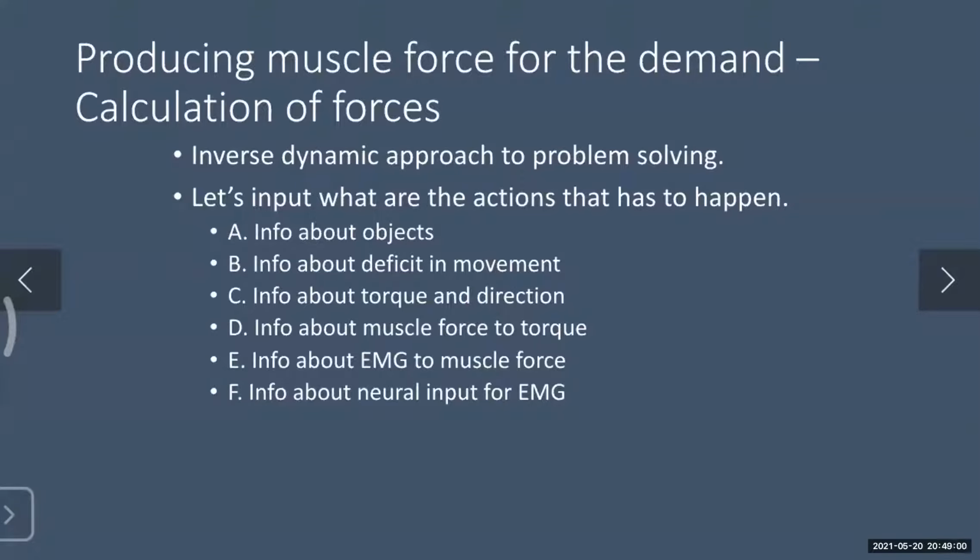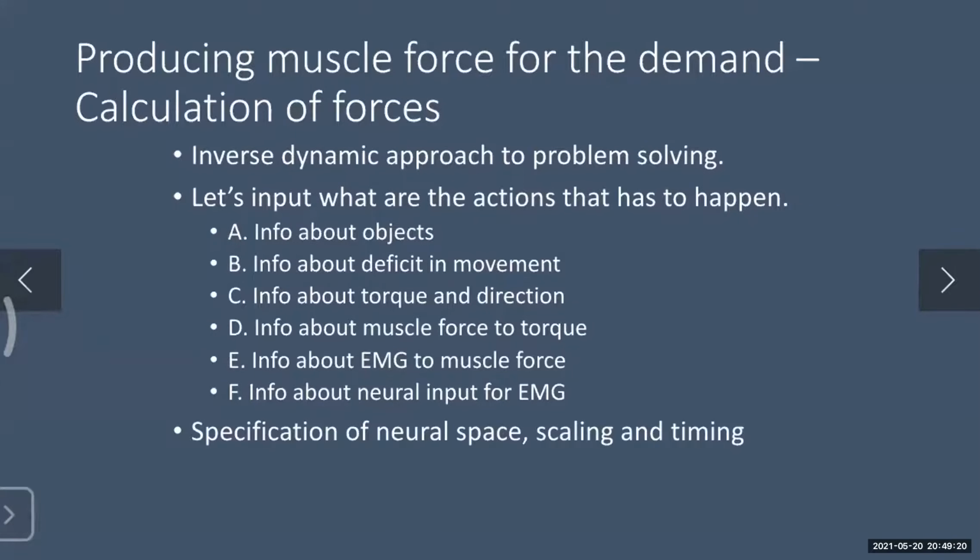Then it needs to know, for the movement, how much torque or force it needs to produce and in which direction, that is, which muscles it needs to activate. And then from muscle force to torque, EMG to muscle force, neural input to EMG, all these it needs to calculate, right?